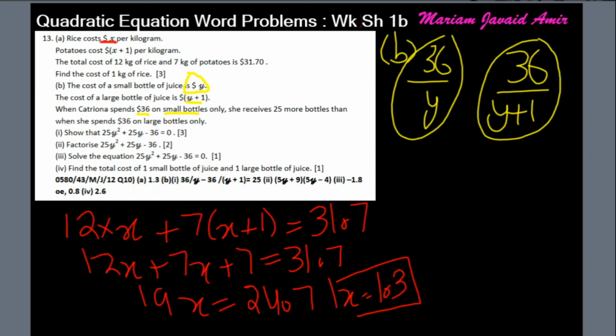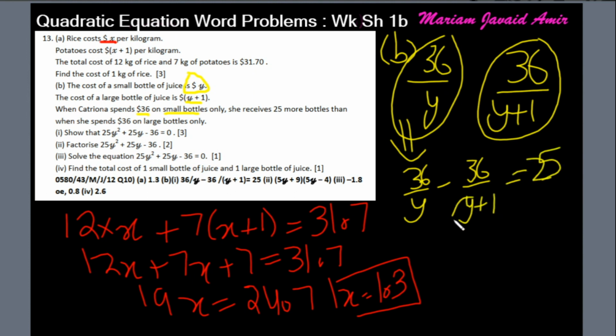So she receives 25 more bottles, so this is the bigger number, because when she's spending on small bottles, she receives 25 more bottles. So 36 over y minus 36 over y plus 1 equals 25. Also, you need to know that when the denominator is bigger, the overall fraction is smaller. So this fraction comes after the other fraction.